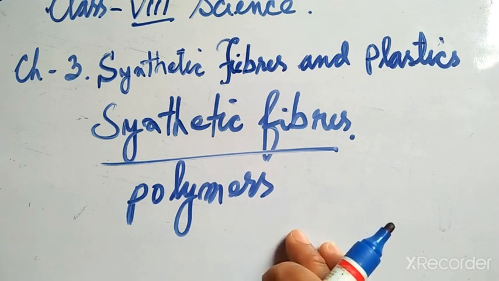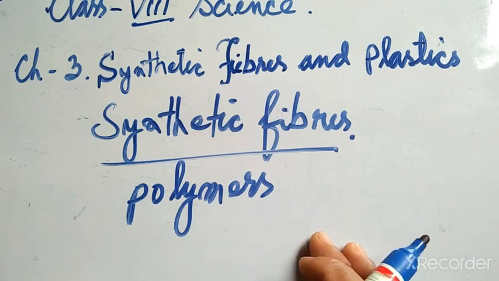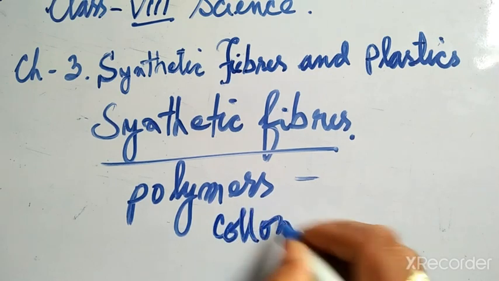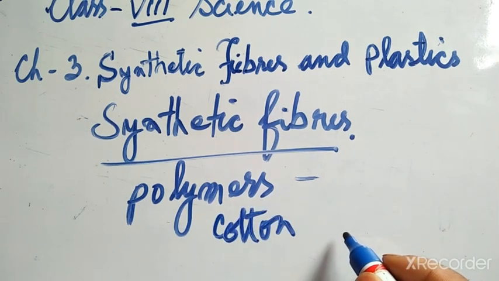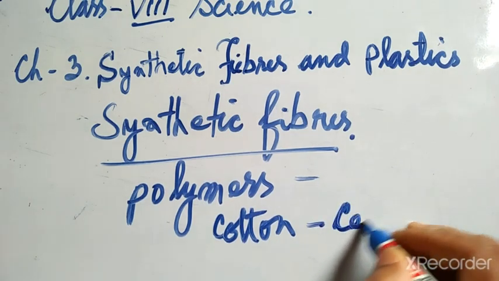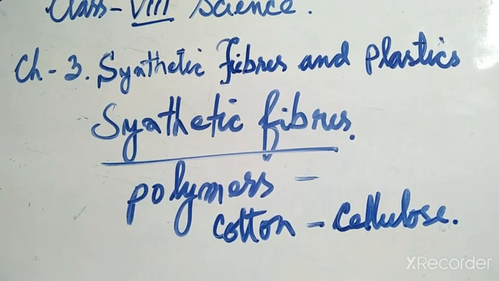For example, cotton is a polymer called cellulose. Cellulose is made up of a large number of glucose units.